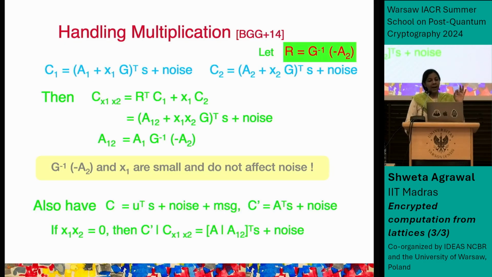So what I can do is apply the same transformation from the previous slide to compute (A12 plus x1 x2 G) times s plus noise, right? Because whatever I showed in the previous slide, I can also do if there's a noise term, because it's not blowing up the noise.